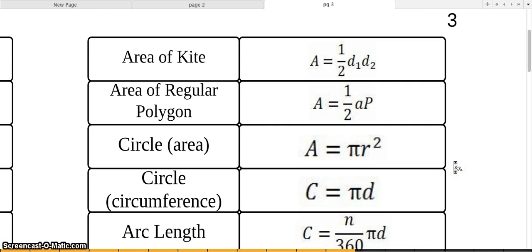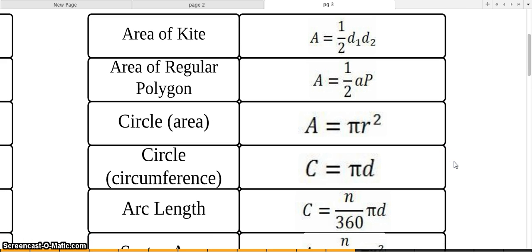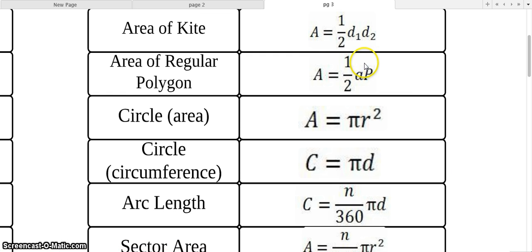Alright, these are just a few more various formulas you should know. A kite, area is equal to 1/2 diagonal 1 times diagonal 2, very similar to the rhombus. Area of a regular polygon; regular means, remember, that all sides are the same length.